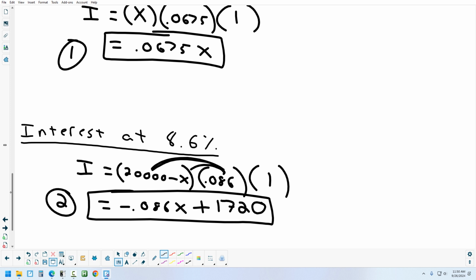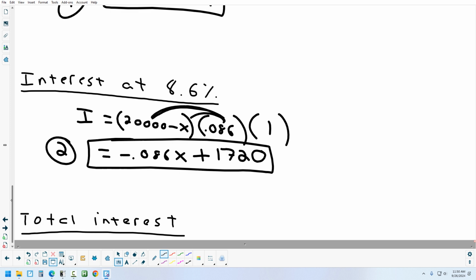So we're going to add them up and combine like terms. So what I need to do is negative 0.086 plus 0.0675. The plus 1720, there's nothing to combine it with, so I'll just copy that down.